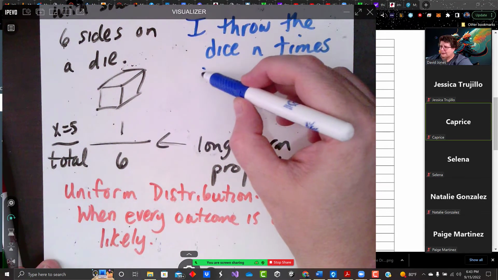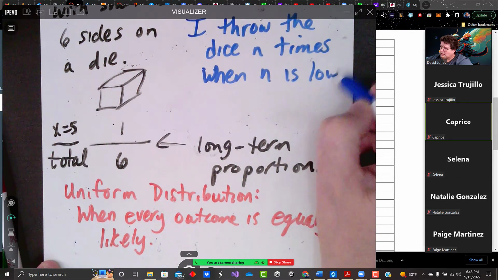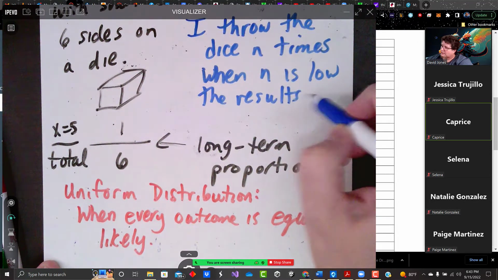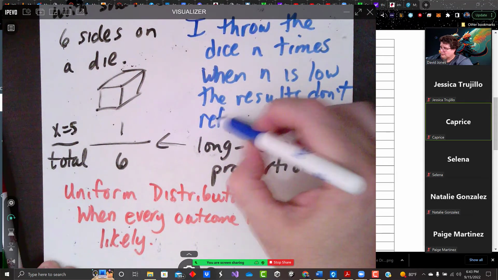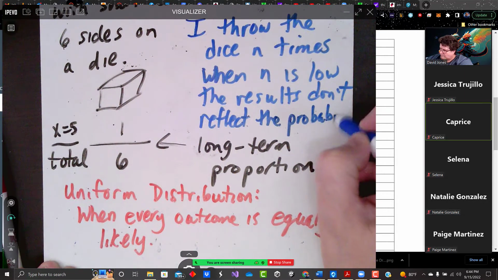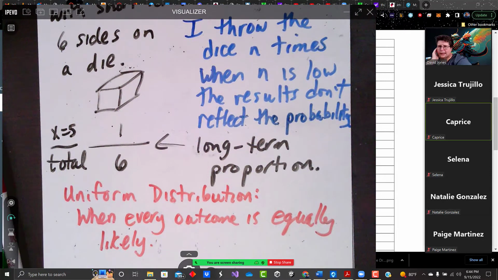For small values of n, when n is low, the results don't reflect the long-term probability. And we saw that with the dice that I rolled. I had like 4 6s. I had 4 3s. I didn't roll a single 1. And yet we know a 1 is going to come up about as equally probable.